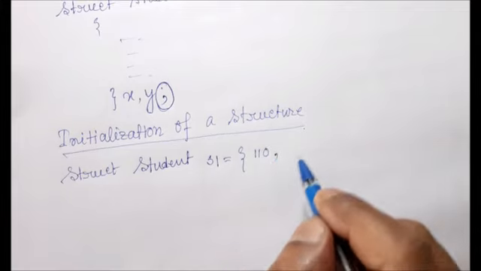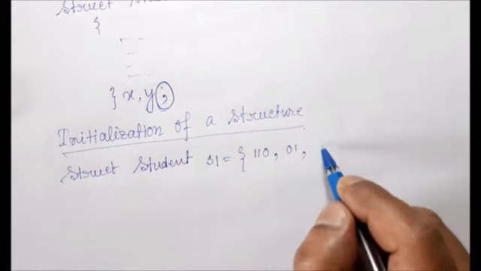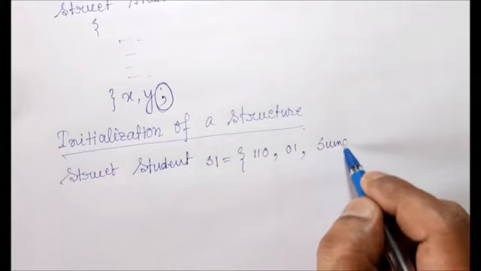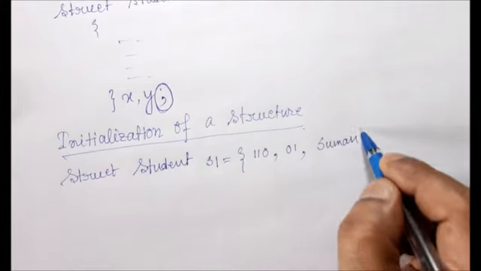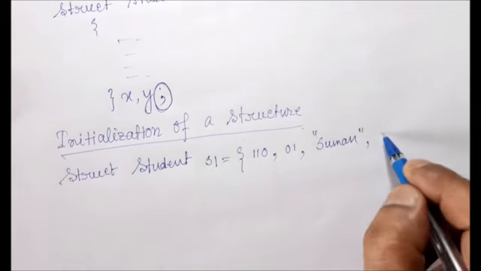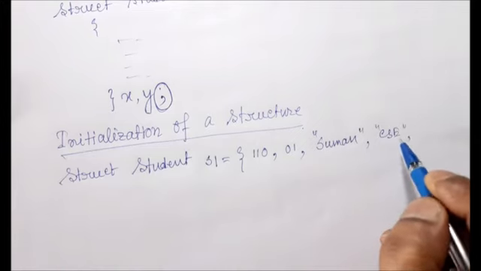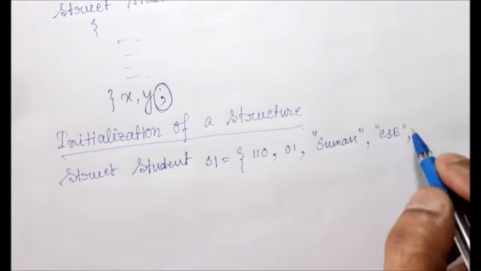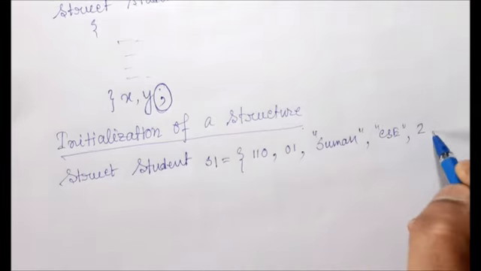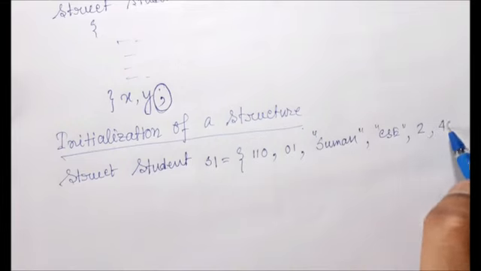Then we have to put the roll number, for example 01, then the name, for example Sumon Banerjee, Sumon, this is the name of the student. Then the branch CSC, it is also a character array, and then the semester, for example second semester, then the total marks is 480.